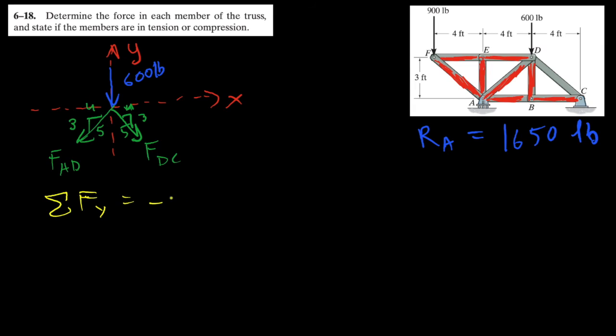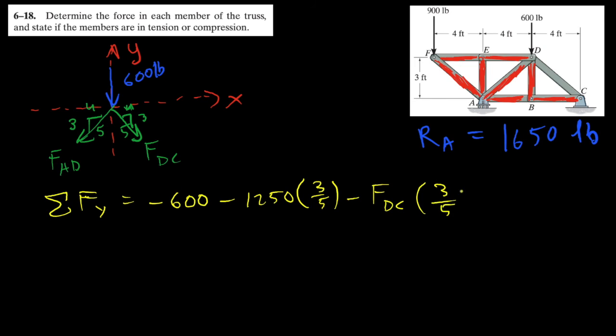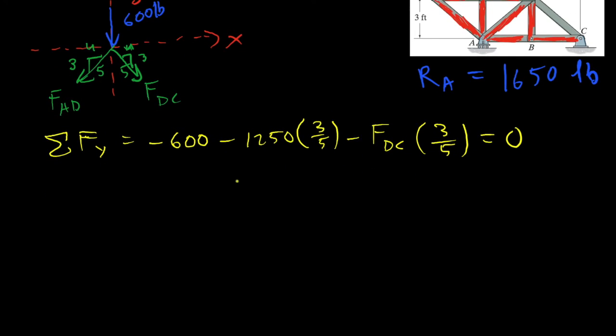So we have negative 600 minus 1250 times 3 over 5 minus the force in truss component DC times 3 over 5 will give us 0 pounds. And solving that equation, we get that FDC is equal to 250 pounds. Let's box our answer.